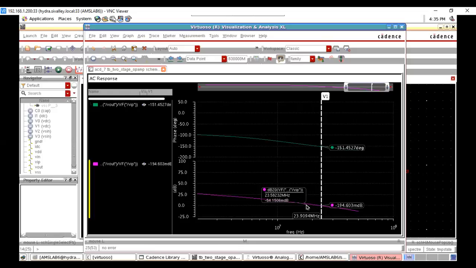It is still 151 degrees. Again, it got reduced. Okay.